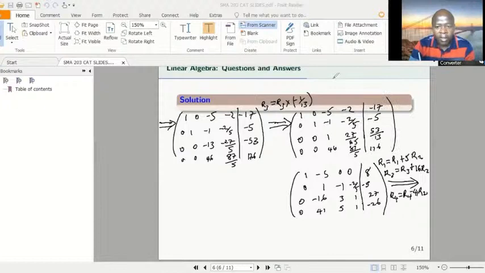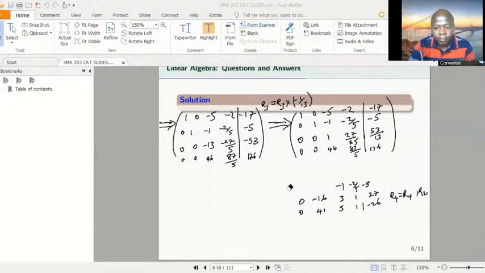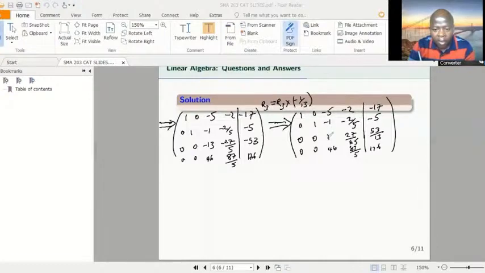Okay, let me again erase what I do not want. So I do not want this one because I've already used it. Now I've created this one. I want to use it to create 0 in this position, 0 in this position, and then 0 in this other position.